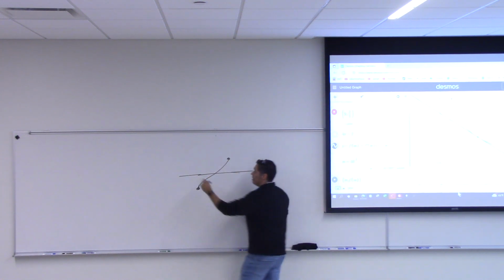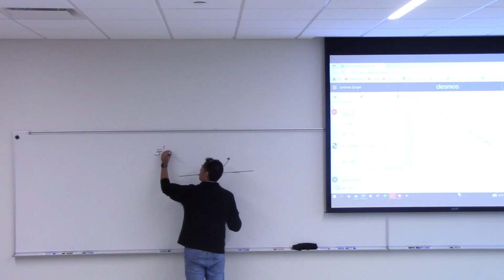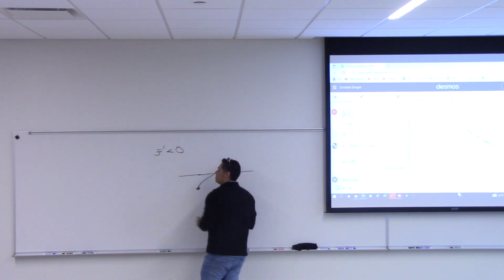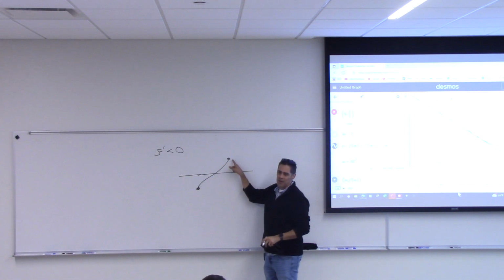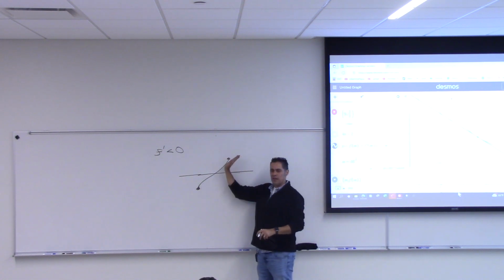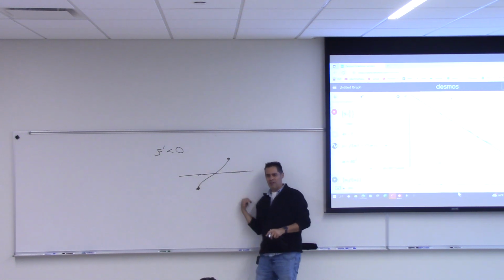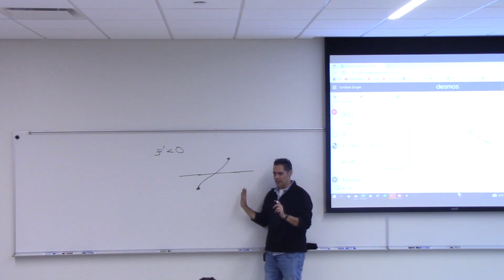If you had gotten this, that the derivative was always negative, right? Always less than zero, that should make you think there's a problem. Because to get from here to here, you have to go up, right? And if you're saying the derivative is always negative, that means you're having to always go down, which doesn't make sense.